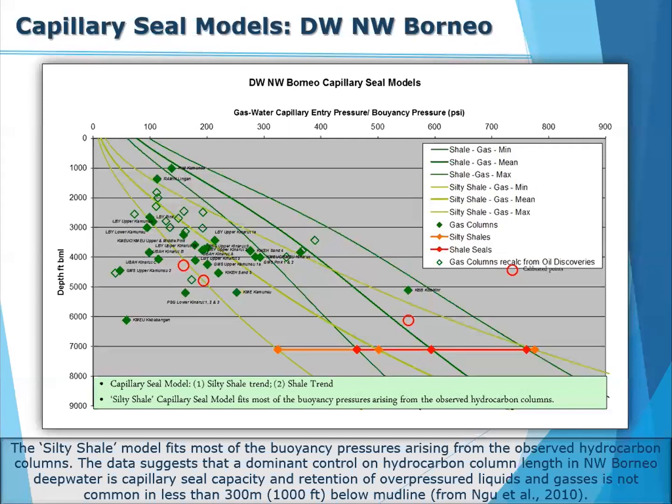And they are not very strong, and they can only hold a little bit of column. And then only when we are about 2,000 or 3,000 feet below the mudline do we see systems where the rock is consolidated enough to actually form a proper seal.